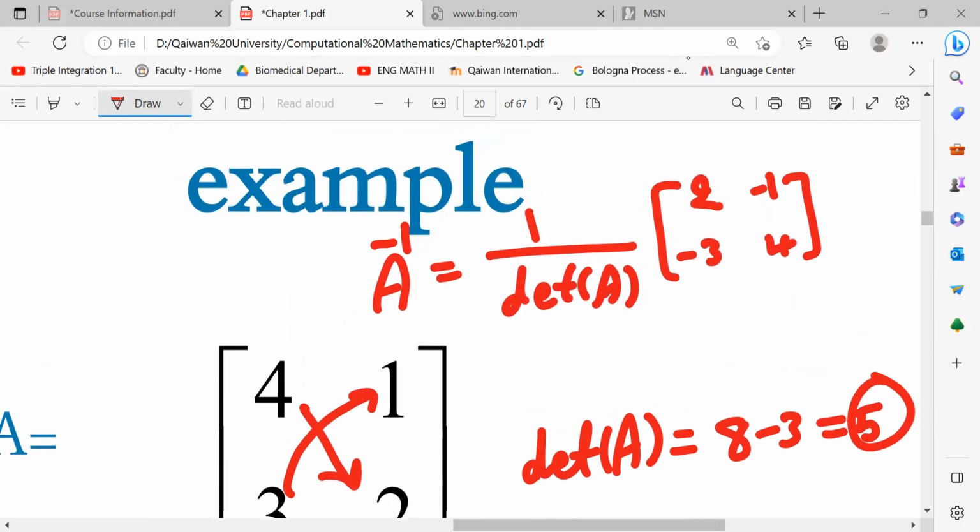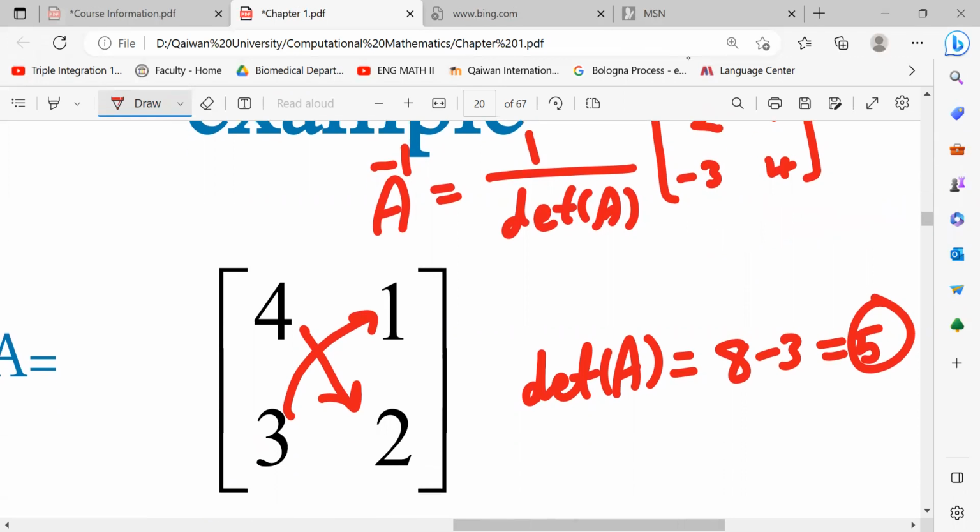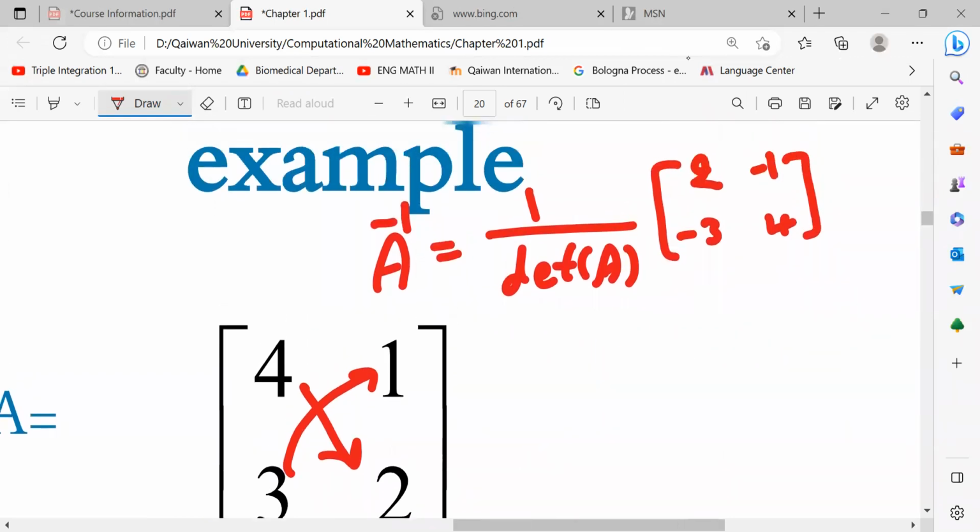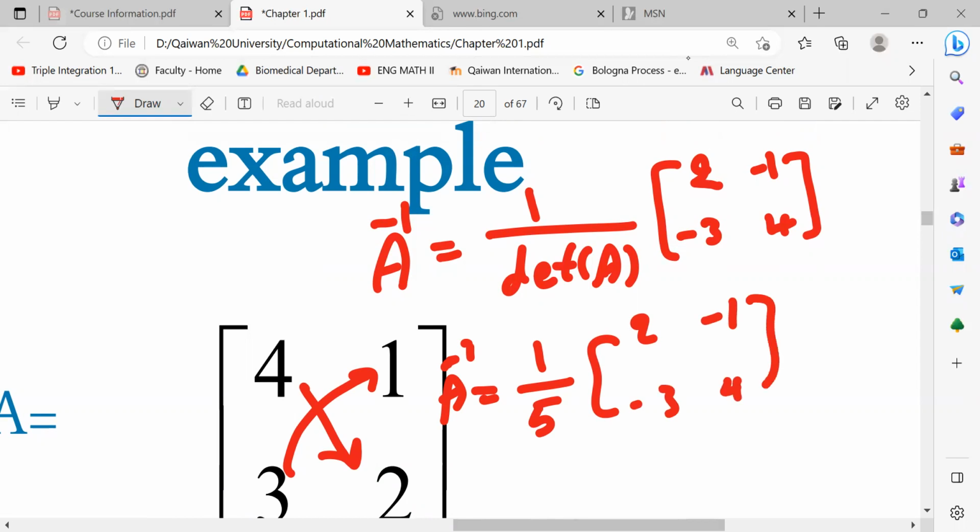Now we just multiply this matrix by 1 over 5. I'm going to delete the determinant that you found. This is 5, so we get 1 over 5. So A inverse is 1 over 5 multiplying 2, negative 1, negative 3, 4. Now we multiply each element by 1 over 5, or we can say divide each element by 5.